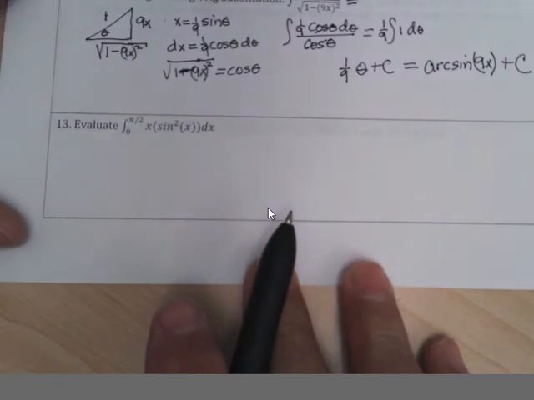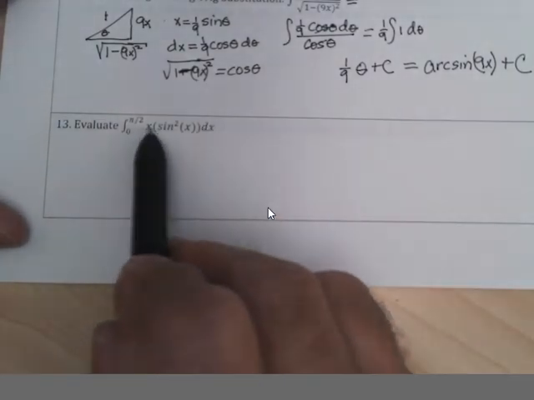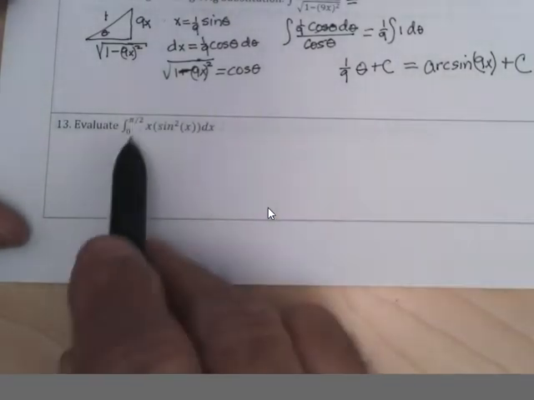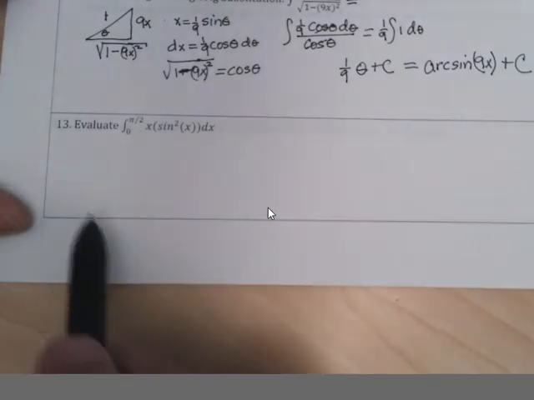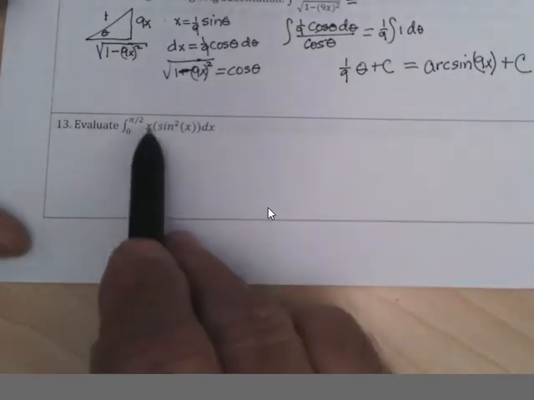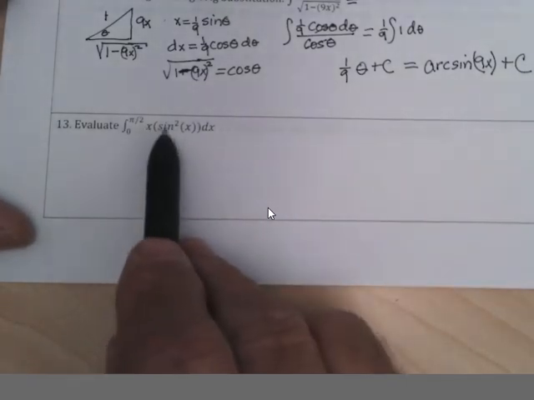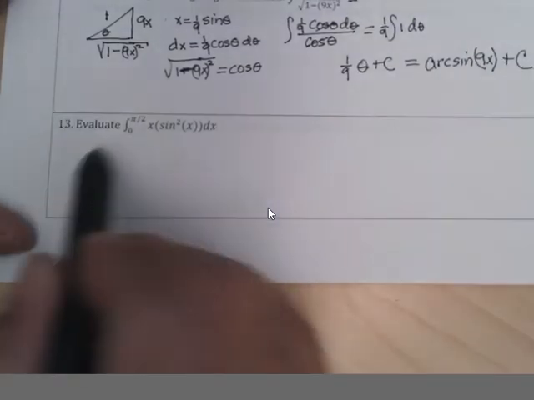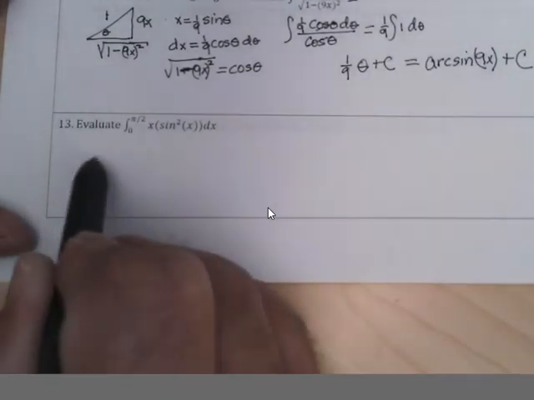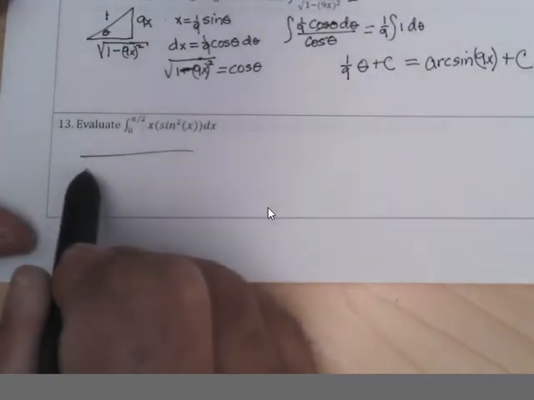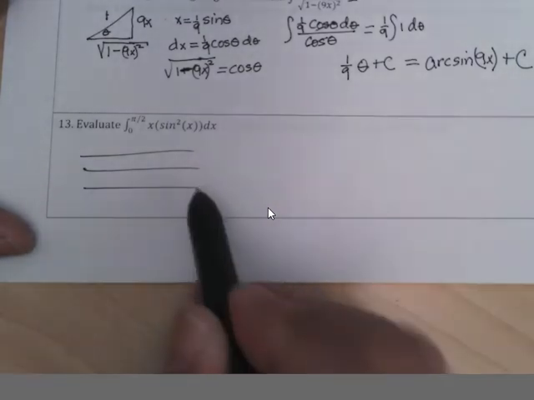13. 0 to pi, no problem, so I should be able to do this one. It's x times sine squared, so I'm going to probably do it by parts. May not be very easy to do.